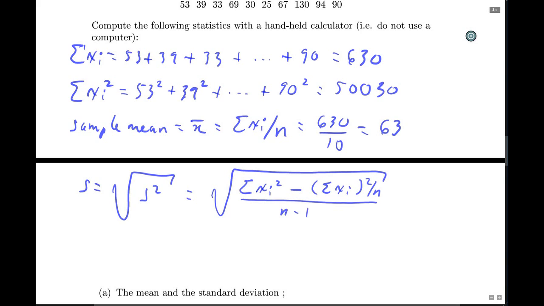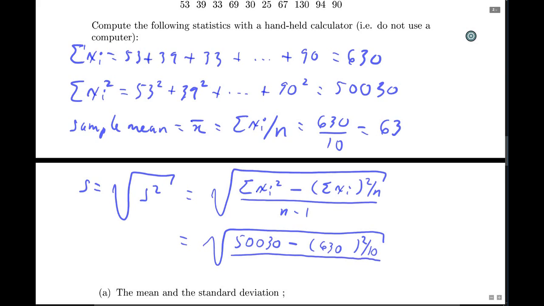Okay, so in our case, inside of the square root, what do we have? In the numerator we have the sum of the squares, which is 50,030. I take away from that the square of the total, which is 630. That 630 squared I'll divide by 10, and then the difference I divide by 10 minus 1, which is divided by 9 in this case.